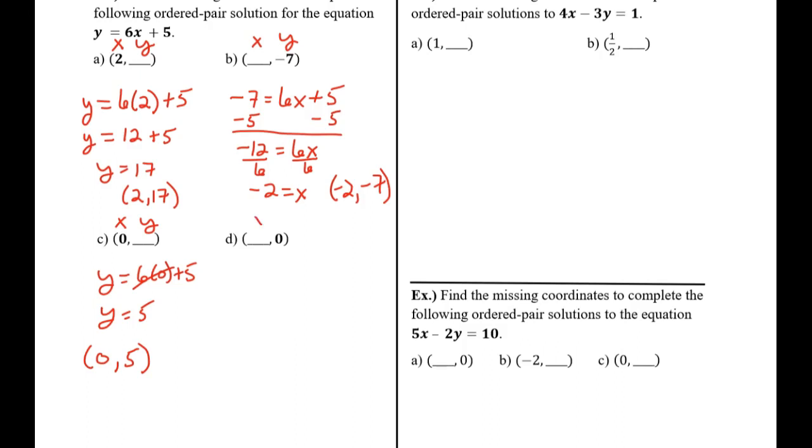Same thing here. I don't know the x, but now I know the y. I'm replacing y with 0. I don't know x. I want to get x alone, so I have to undo this addition. I subtract 5 from both sides.